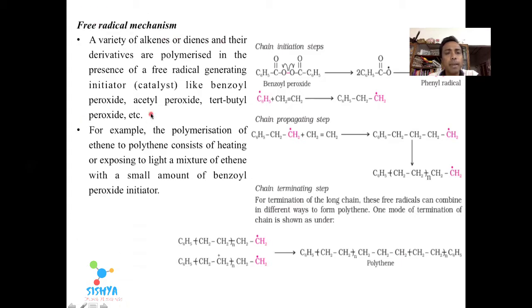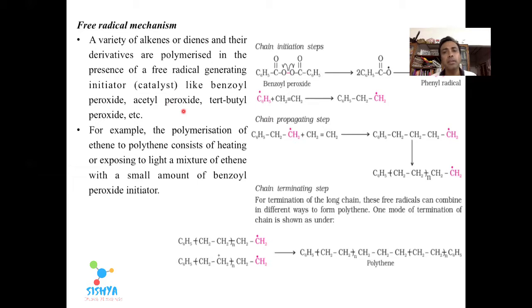The free radical mechanism is generally due to the generation of a free radical, where peroxides are commonly used, such as acetyl peroxide and tertiary butyl peroxide, for the initiation step where the free radical has to be formed. Here it is benzoyl peroxide.